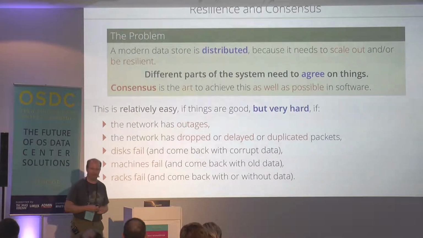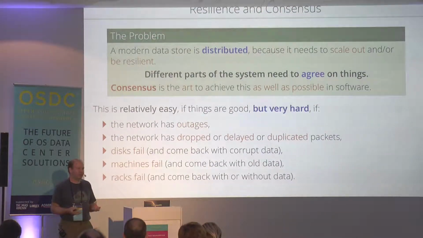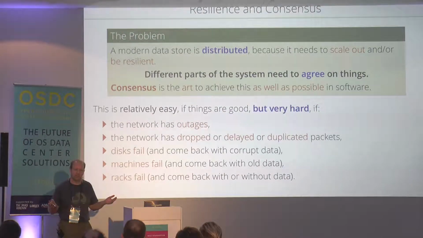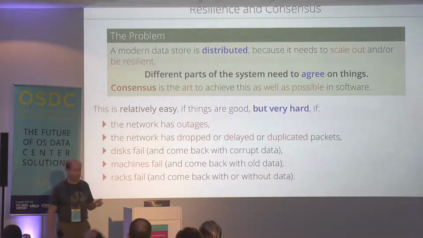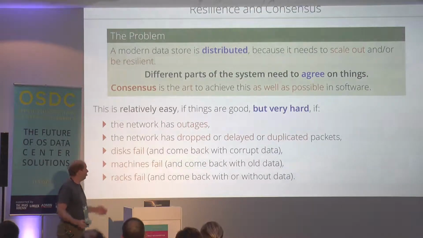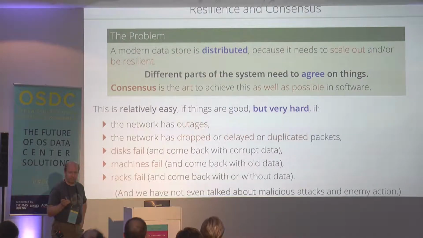This happens. And under these conditions, consensus is a much harder problem. How can you keep consensus if your network is split in half? Well, you can't. That's what I mean by as well as possible. So, what can we do about this at all? Well, I haven't even talked about malicious attacks. This is just bad things happening on their own.